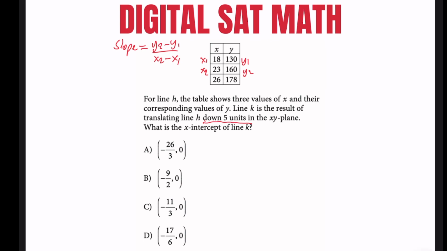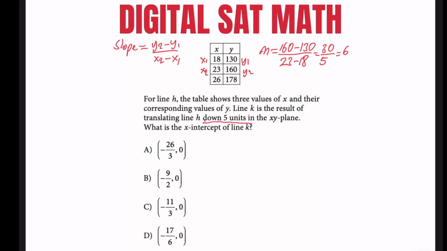To find the slope, I'm going to substitute 160 for y2 and 130 for y1, over 23 minus 18. That gives us 30 over 5, which is 6.